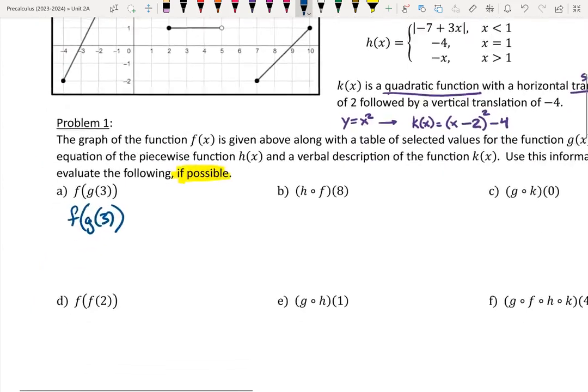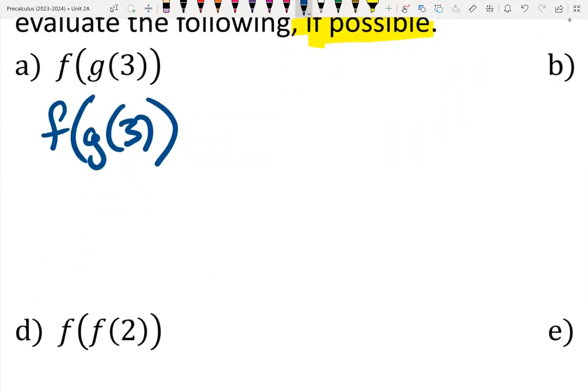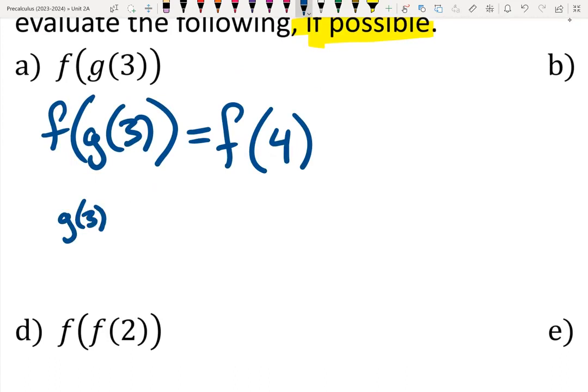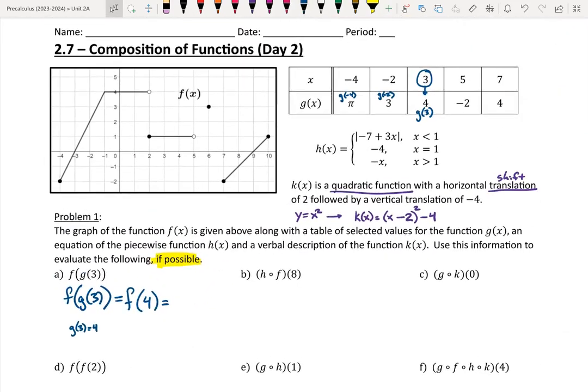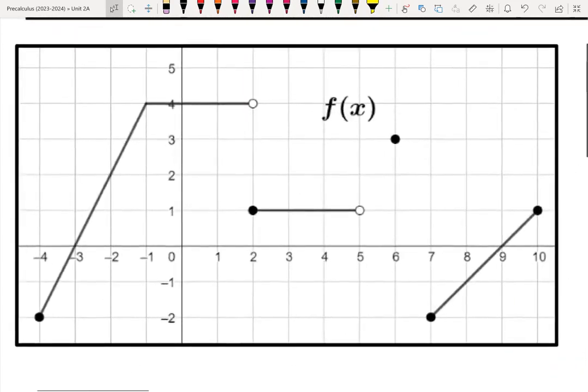So let's go down to our problem here. What does this become then? f of 4, because g of 3 equaled 4. All right, now we need to find f of 4. So what am I going to look at for f of 4? The graph. So let's look at our graph.